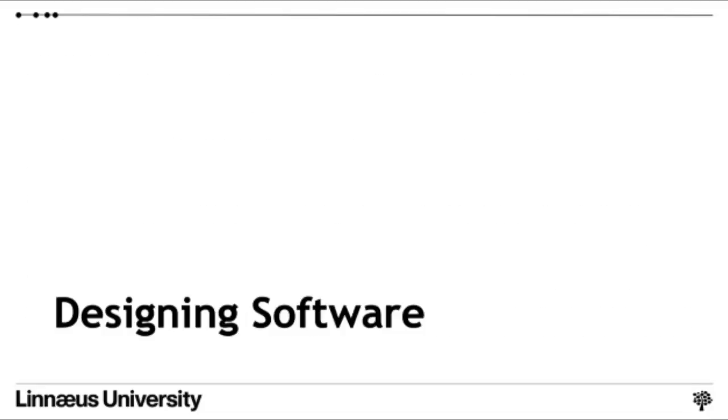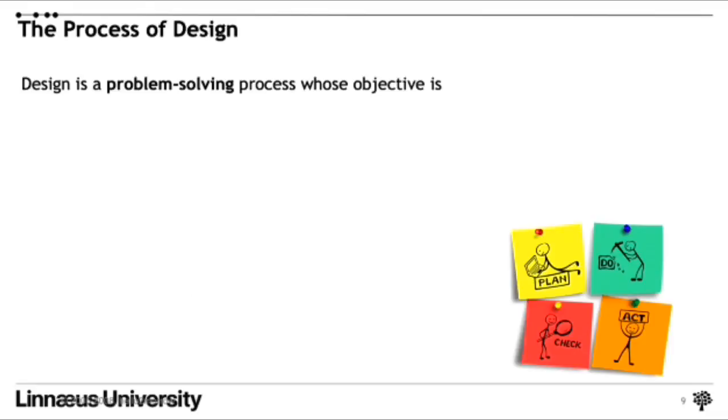So let's go deep into the design process and see how we can design software that achieves a good level of quality according to this model. First of all, what is design?